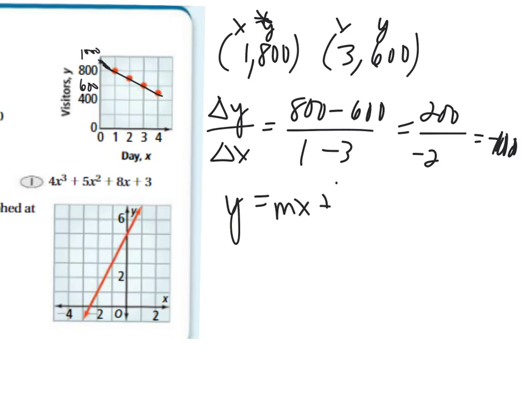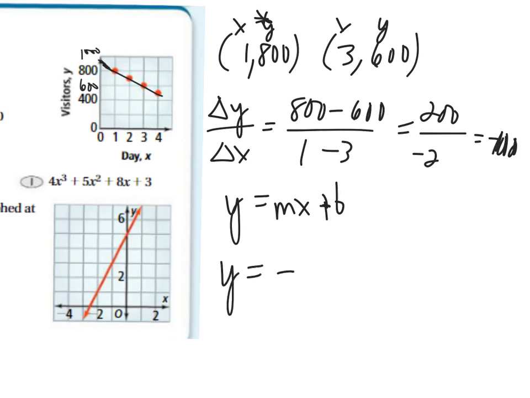And then we could put that into our equation. Again, technically we can substitute in for the slope and put in a number for x and y.